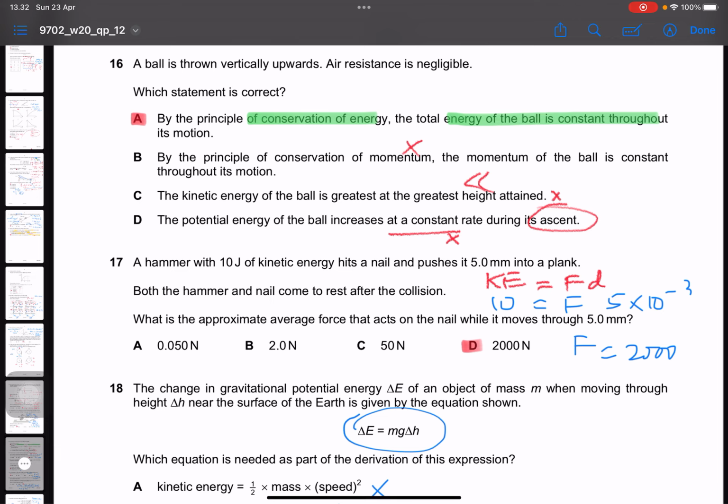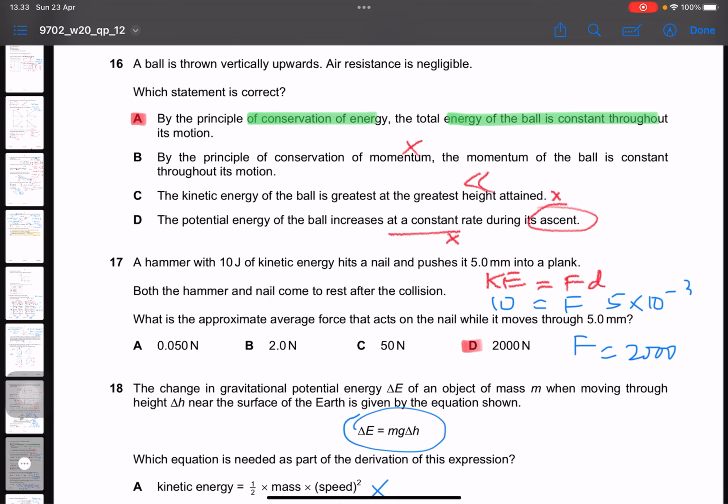C. The kinetic energy of the ball is greatest at the greatest height attained. No. The greatest kinetic energy is when it starts to move upward, and then it decreases, and at the greatest height it is minimum kinetic energy.